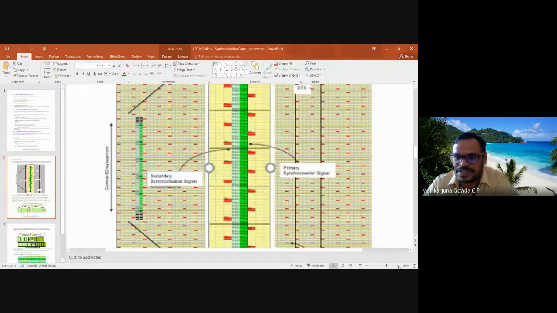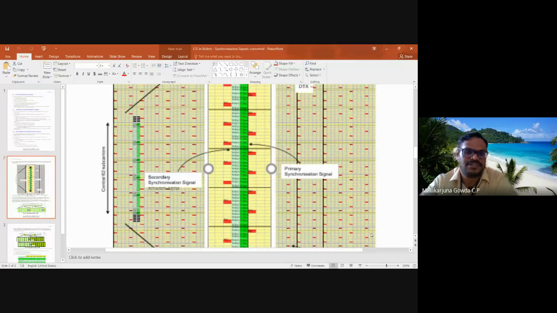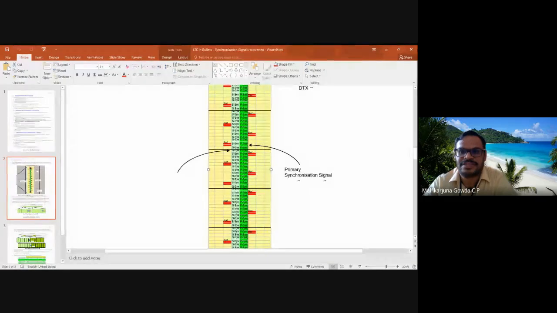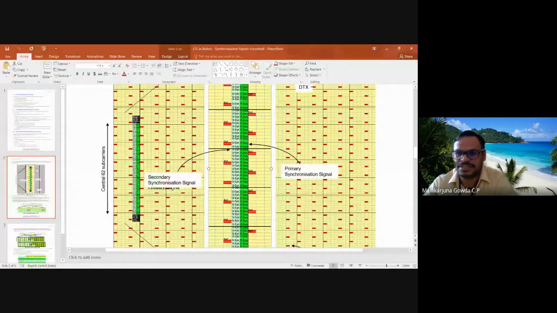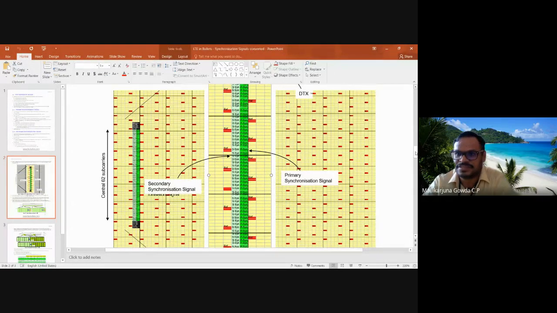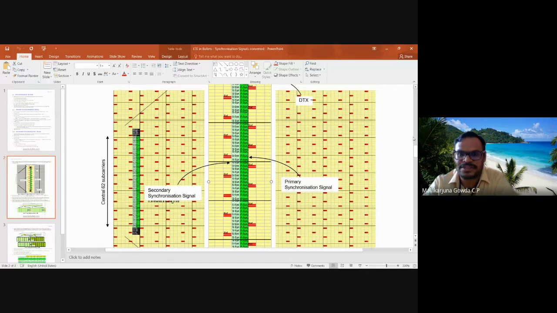No, it does not increase. But is this fine? Yes, sir, we can see now. You can see, no?